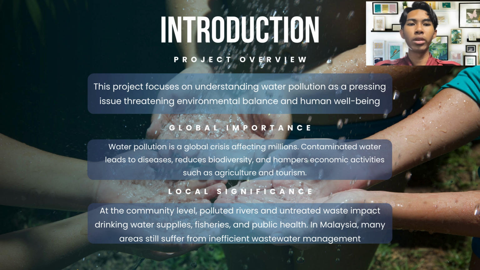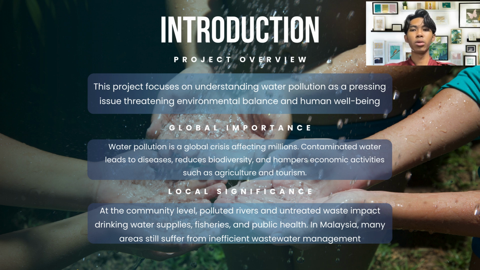To do this effectively, we are applying the Six Sigma methodology. Specifically, we are focusing on the define and measure phases to clearly identify the sources of pollution and gather critical data to understand the extent of the problem. With this structured approach, we hope to take practical steps toward restoring clean and safe water in our environment.